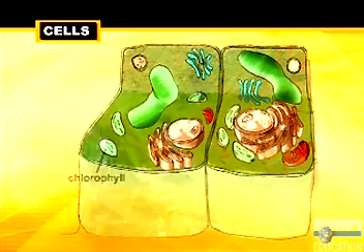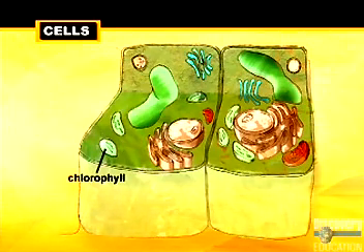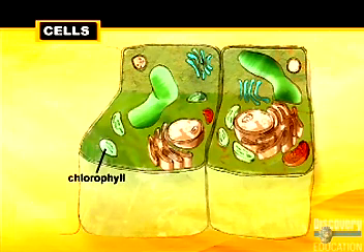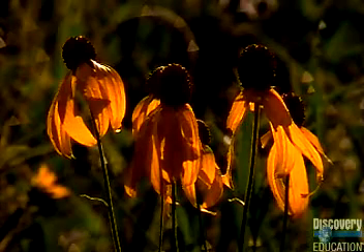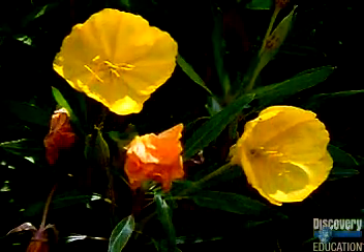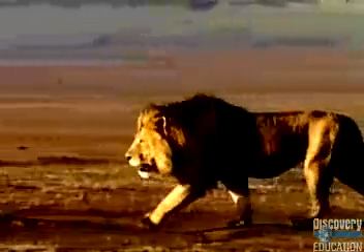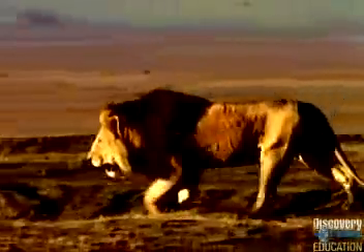These organelles contain chlorophyll, the green substance that enables plants to complete photosynthesis. The word photosynthesis means putting together with light. Photosynthesis allows plants to make their own food. Animals, however, have to find their food before they can eat it.